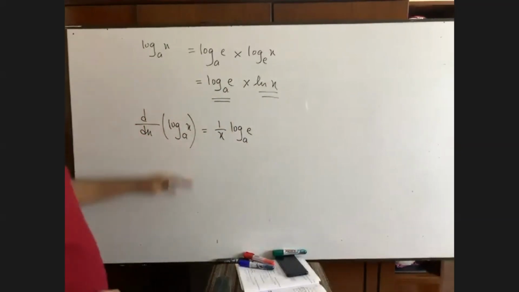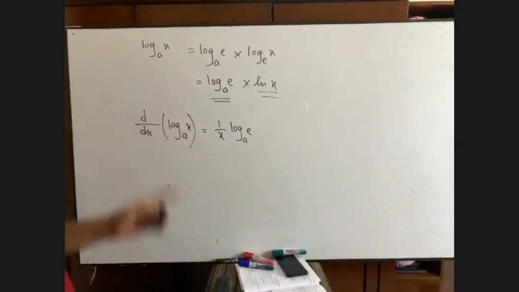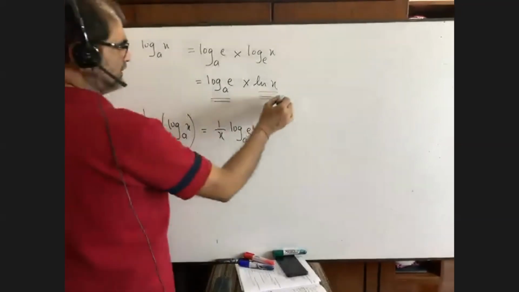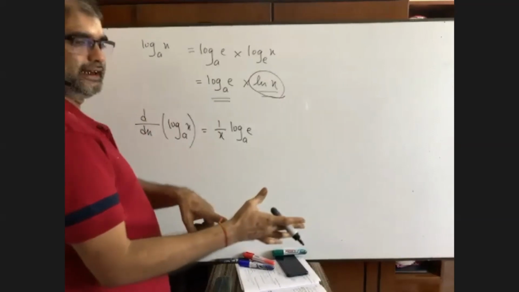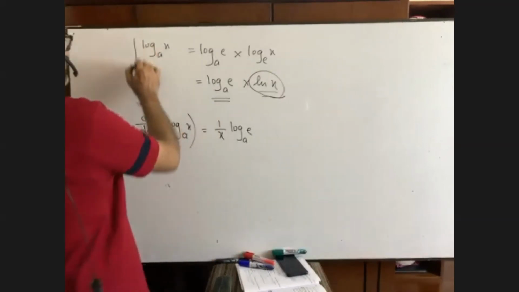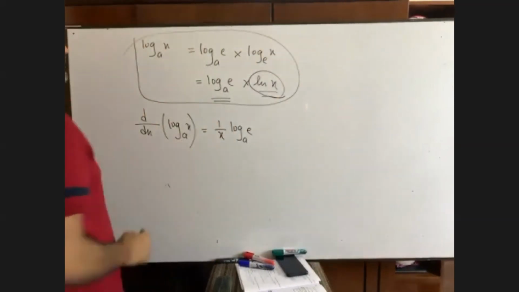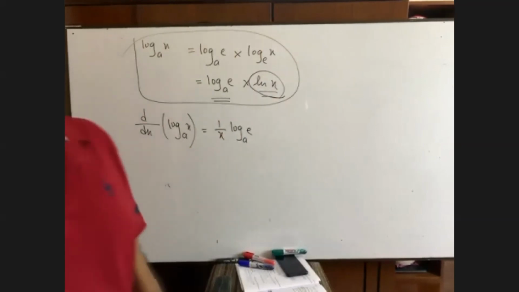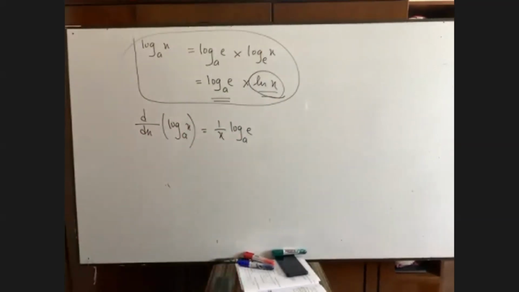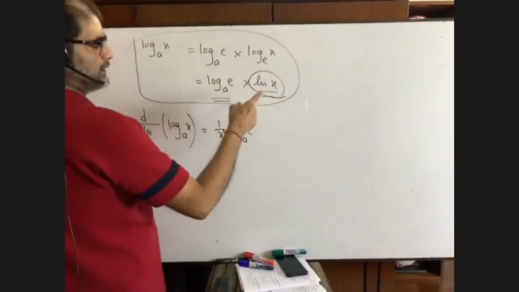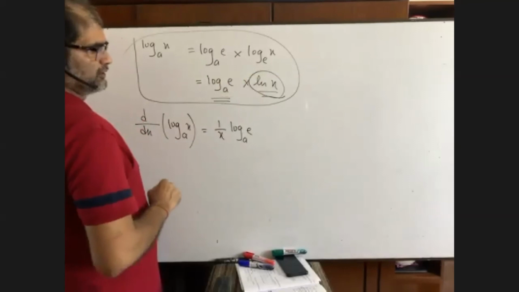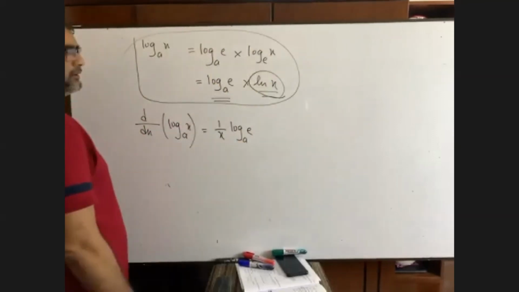It will be given in the examination. If this math is given, what will you do at first? You will find ln x by the first principle. Then you will do this part.